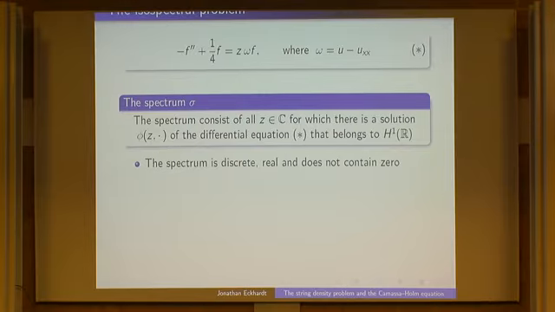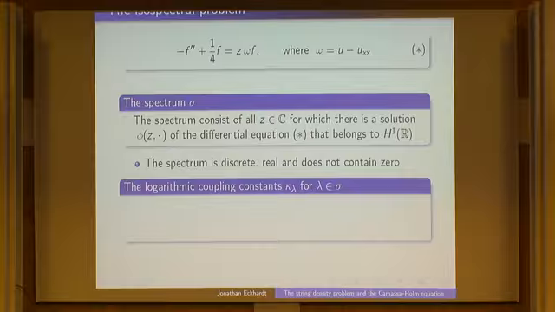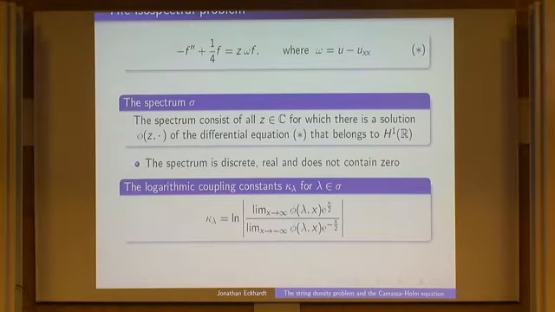And as I showed you, this set is discrete, it's real, and it never contains 0. And it will turn out that this spectral data on its own is not enough to uniquely determine U. So we need additional quantities, and I call them logarithmic coupling constants. It doesn't really matter how they're defined. They're defined in terms of the eigenfunctions, but this expression will never appear again.